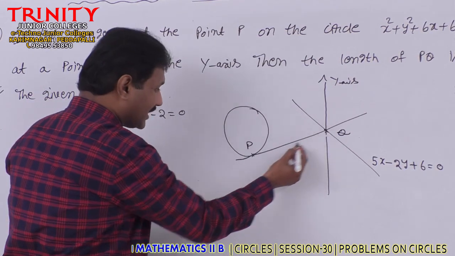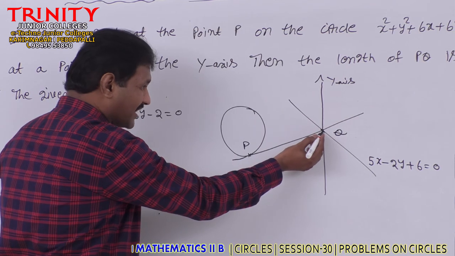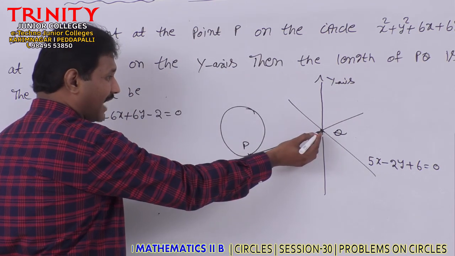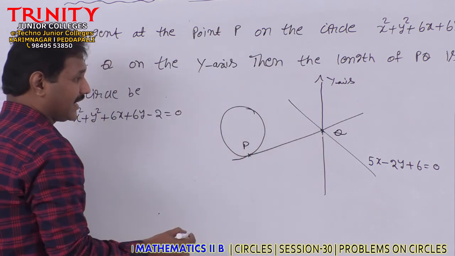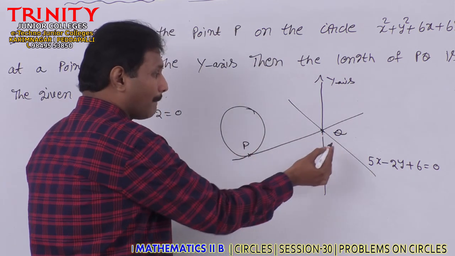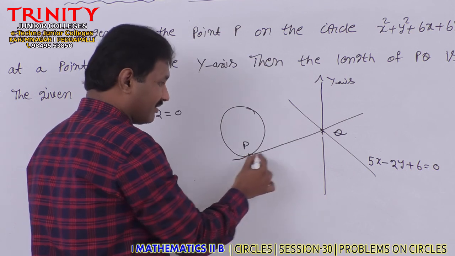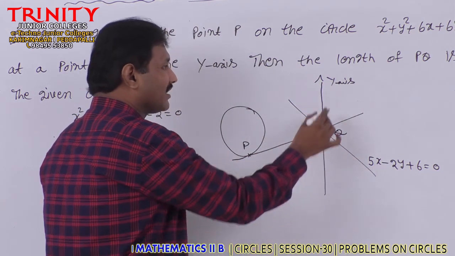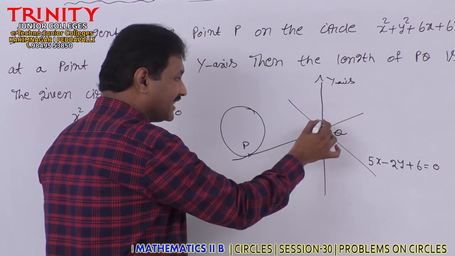The length of PQ is nothing but the length of the tangent from Q to the given circle. First you find the point Q. Point Q is the point of intersection of the tangent and the line on the y-axis. We know that this is the point of concurrence of these three lines.